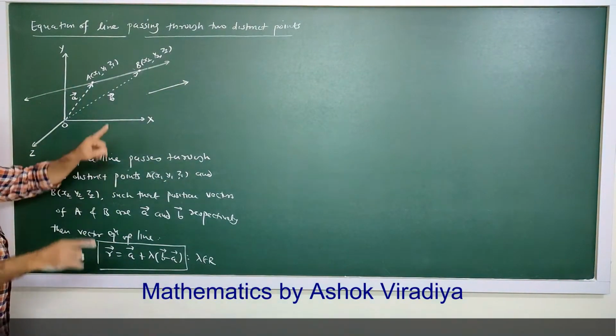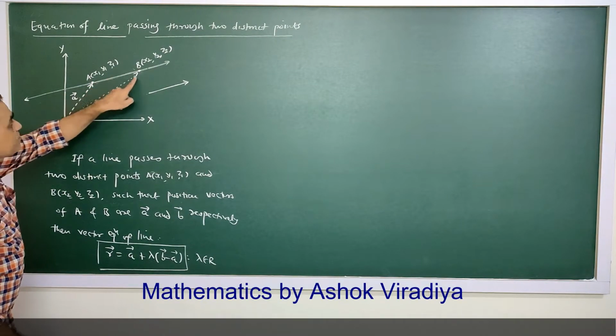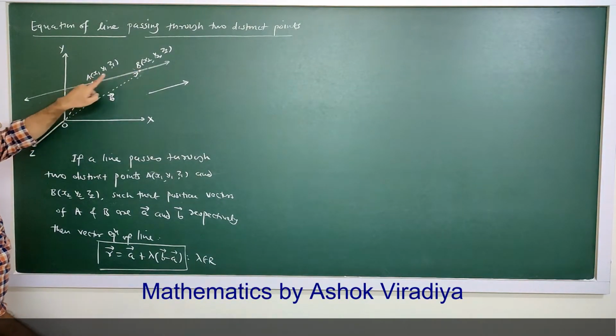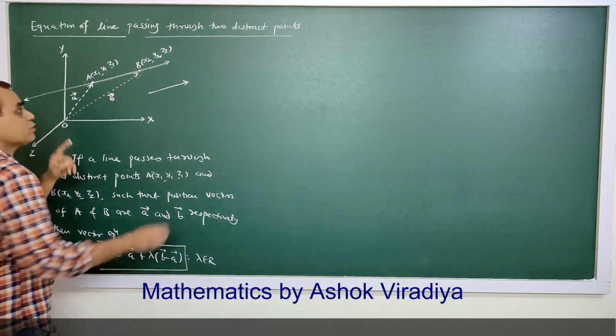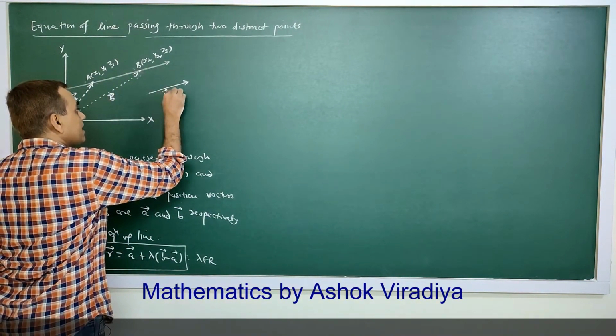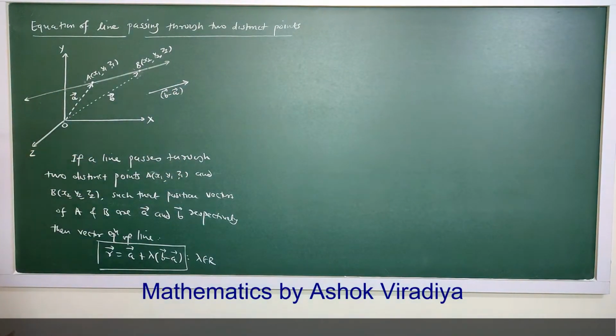So what will vector AB be? Position vector of B minus position vector of A, that is terminal point minus initial point. So this vector is vector B minus vector A, and this can be taken as a vector parallel to this line.